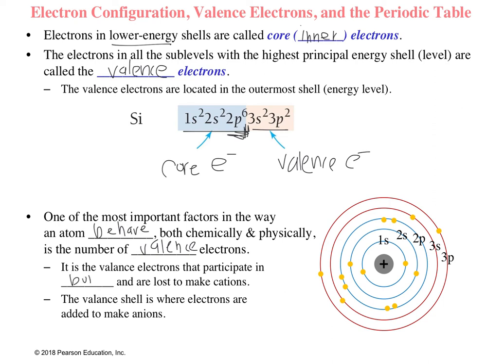So that's how they form their bonds. So here, in this case, I just drew it. Our blue orbitals here are the core shell. Those are kind of locked in. They're not going anywhere. It takes a lot of energy to remove them. And then our outer ones here are the valence shell.